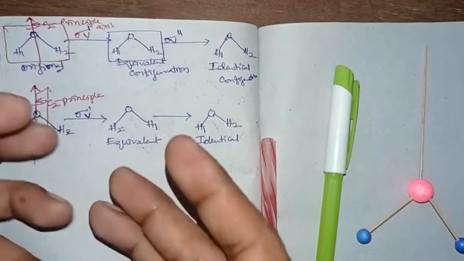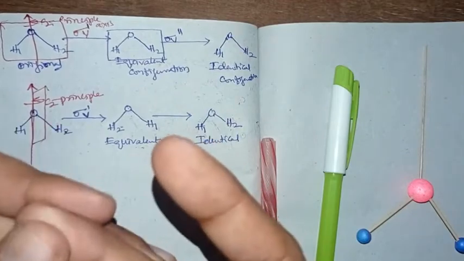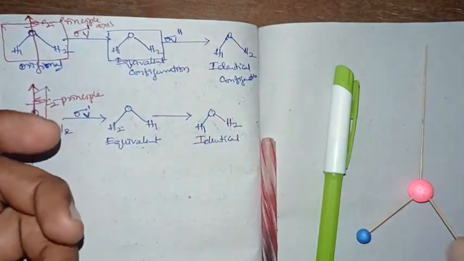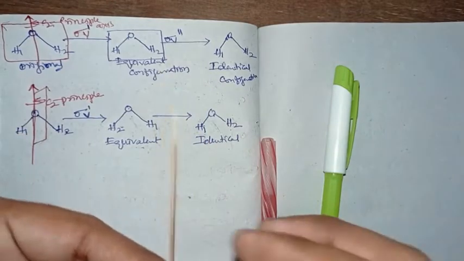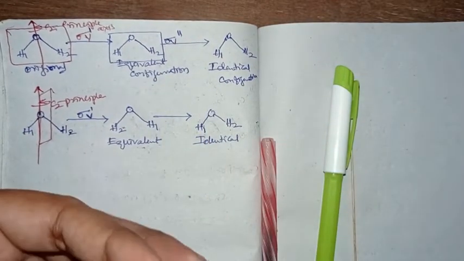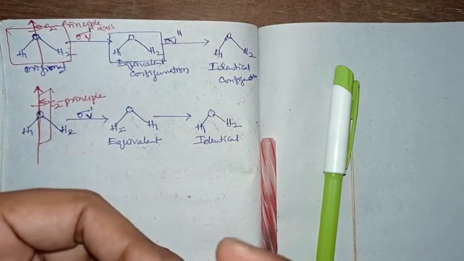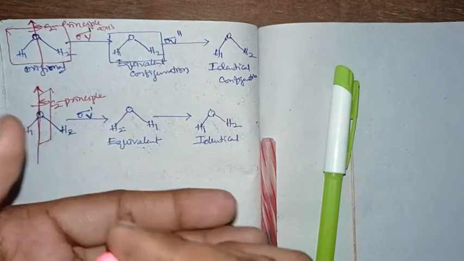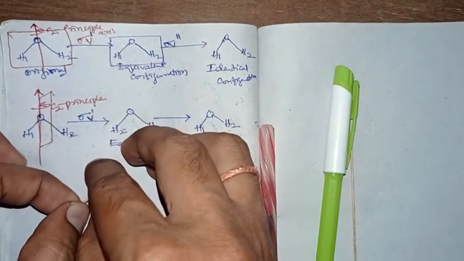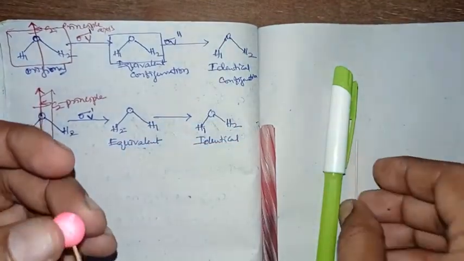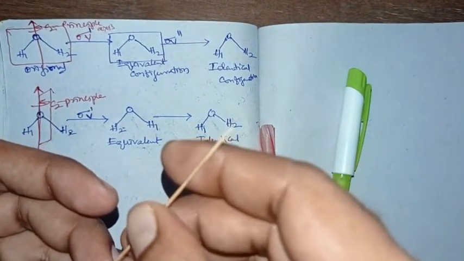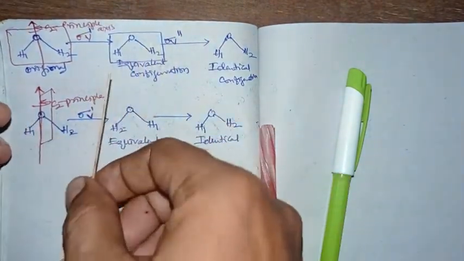Other than this, if you want to check for more planes, improper axes and inversion centers, they may never be possible, right? Let us check with the model whether there is a possibility of a horizontal plane or not. To have a horizontal plane, we have to apply a plane which is perpendicular to the principal axis, right?